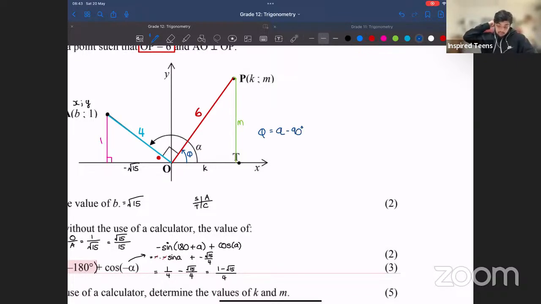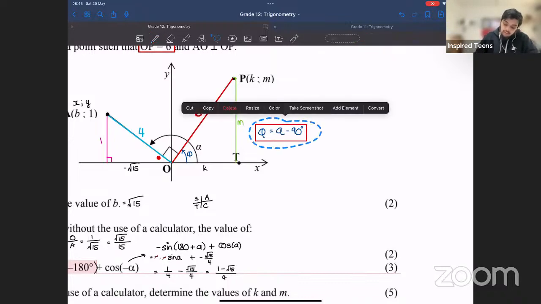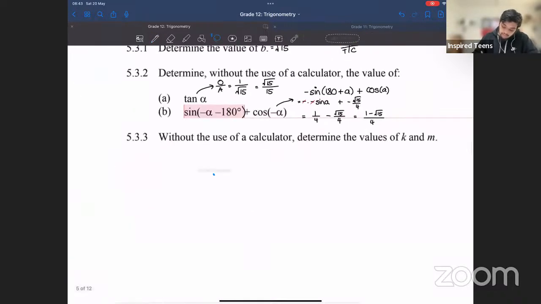Now instead of theta, we're going to write alpha, and I'm going to show you why that makes sense. Let's copy this and bring it down. So theta is equal to alpha minus 90, and that's the key to solving this question.